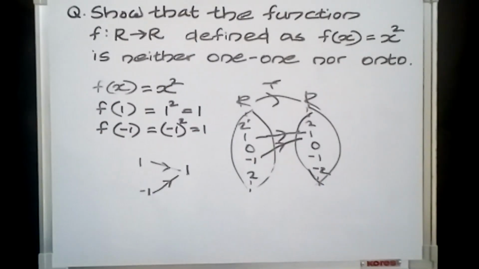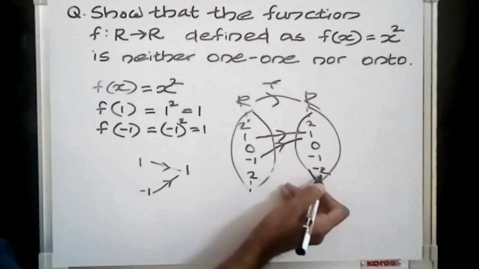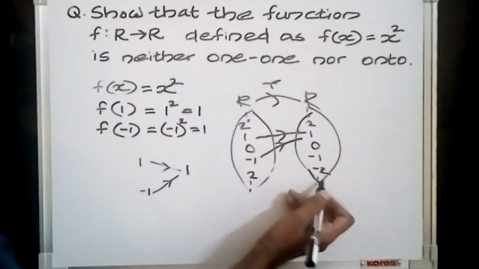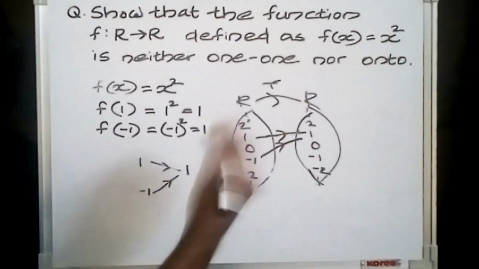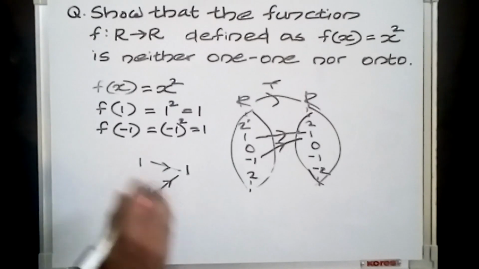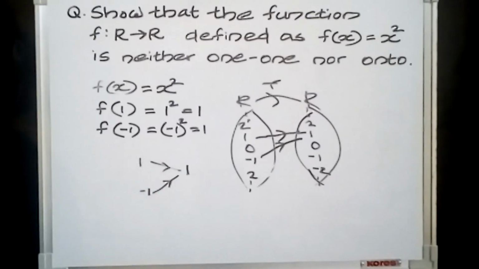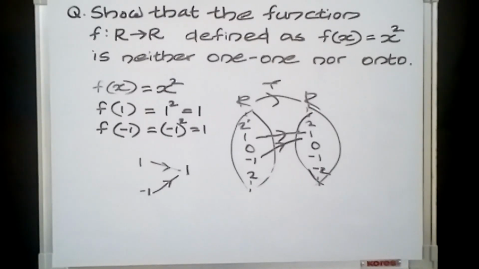That means the negative numbers like minus 1, minus 2, minus 3.5, etc. have no pre-images in the first set. Therefore, clearly the function is not onto. Thus, the function is neither one-one nor onto. Now let us give a graphical interpretation of the problem.